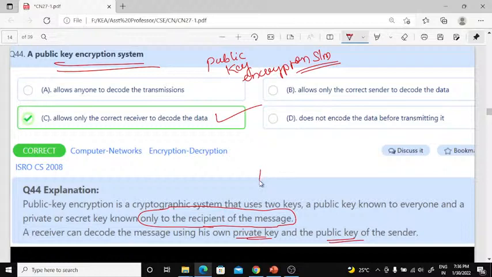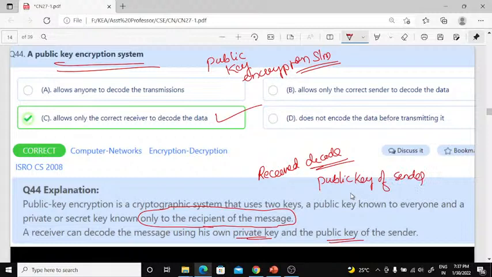The public key of the sender and the private key of the recipient, so he can decode the message.